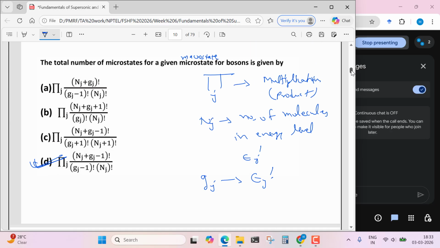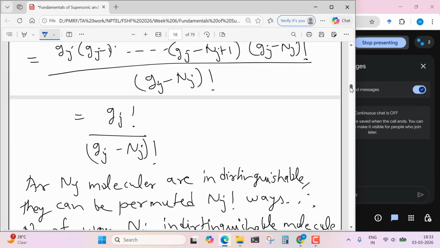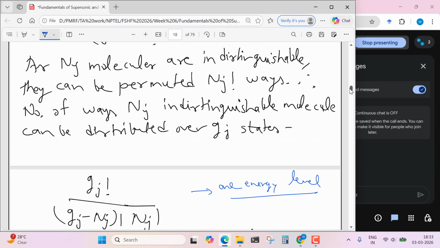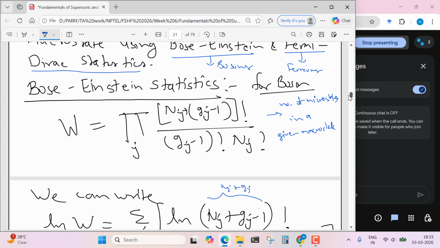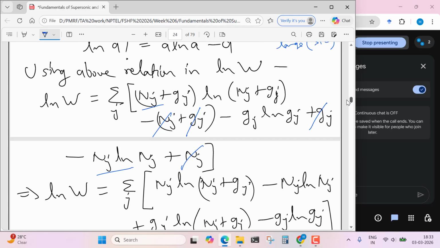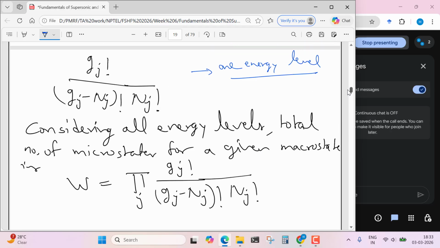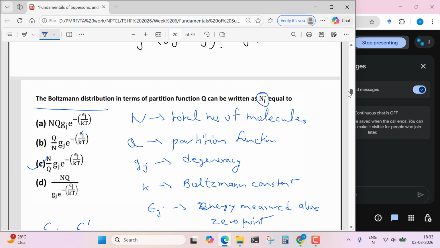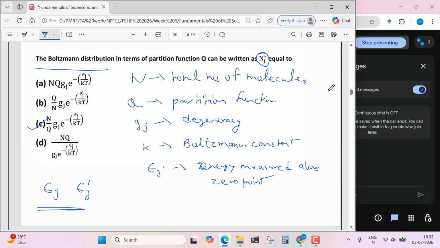So you can see that for boson and fermion, we are getting different numbers of microstates for a single macrostate. Now we will see the next question, and it is related to Boltzmann distribution.